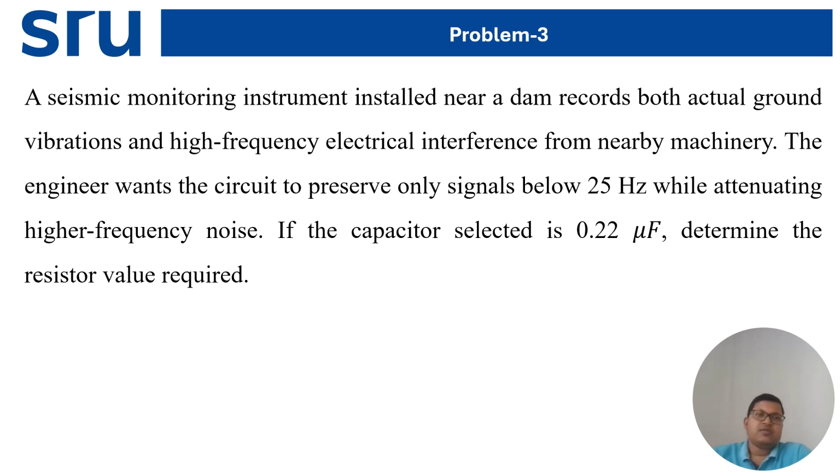A seismic monitoring instrument installed near a dam records both actual ground vibration and high frequency electrical interference from nearby machinery. The engineer wants the circuit to preserve only signals below 25 Hz while attenuating the higher frequency ones.